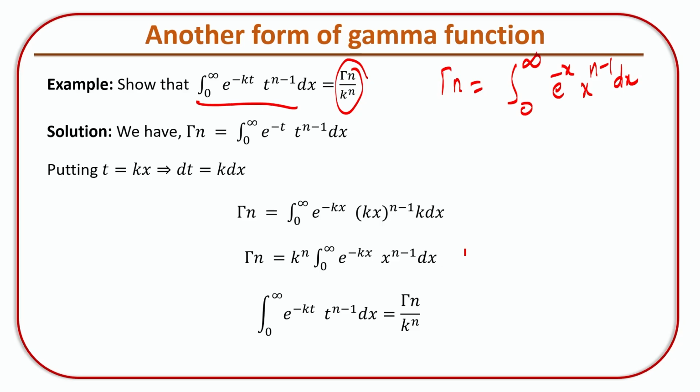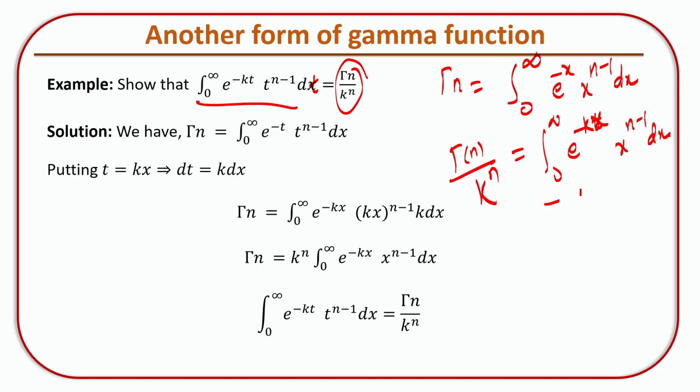And now using this formula, gamma n by k^n is equal to the integral from 0 to infinity of e^(-kx) x^(n-1) dx, right? So how can we do that? That will be quite easy to prove.